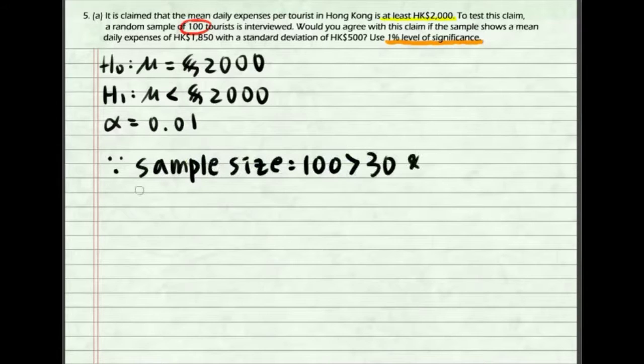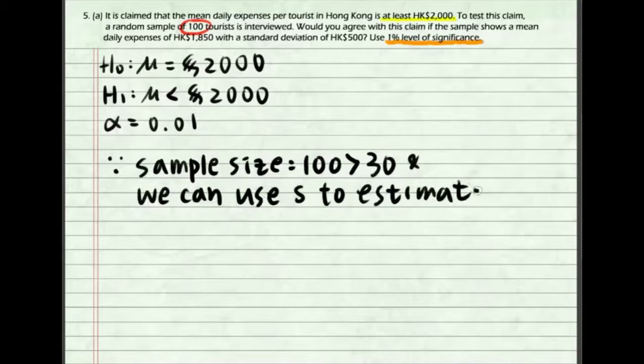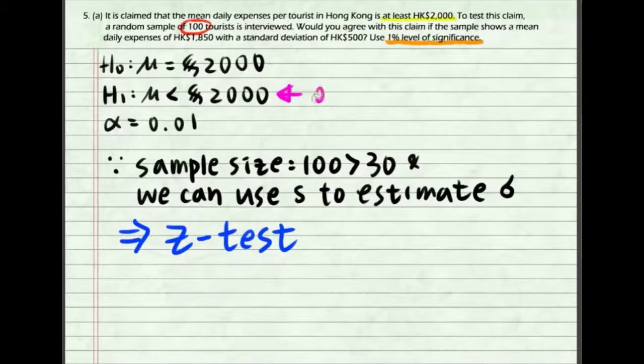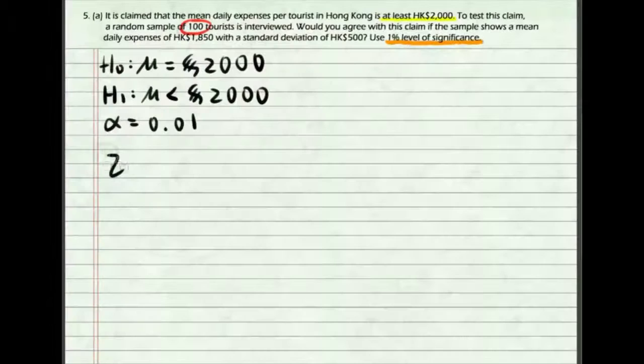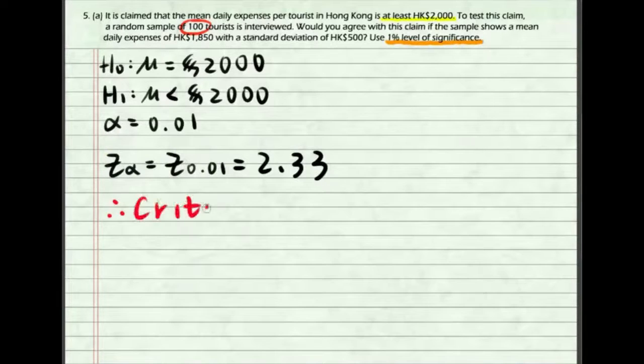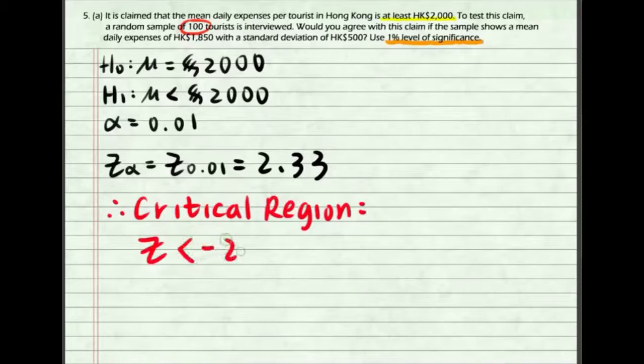As the sample size is larger than 30, and we can use s to estimate the standard deviation, a z-test is used. And from H1, it is a one-tailed test. From the normal distribution table, we can find the value of z, which is 2.33. And therefore the critical region is z smaller than negative 2.33.